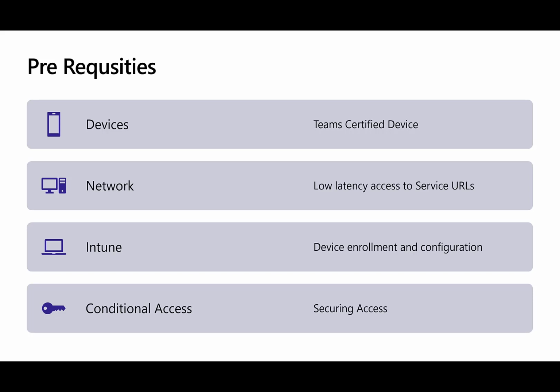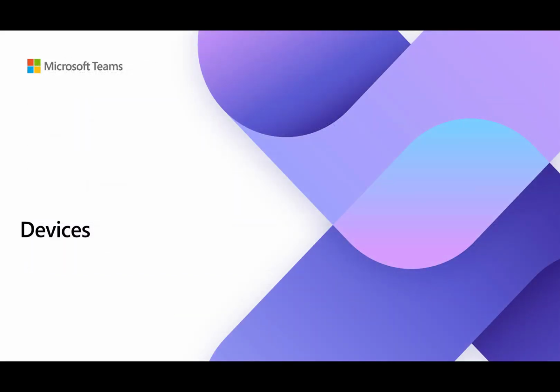We're also going to talk about enrolling the devices in Intune and the prereqs and what bits and pieces are required to get them up and running inside of Intune. And of course, how to secure and provide access to those devices should you have conditional access configured in your environment as well. But as always, a really good place to start is devices.